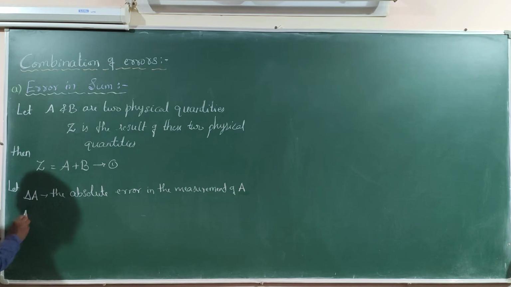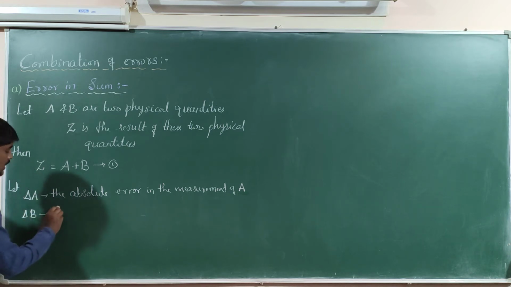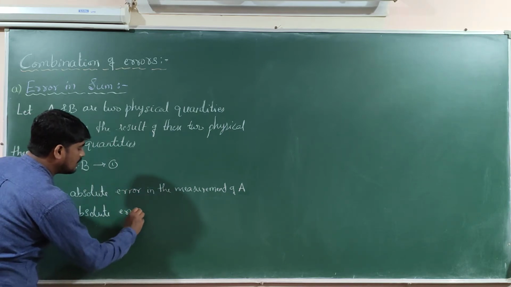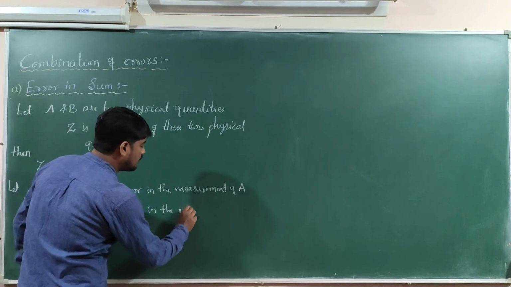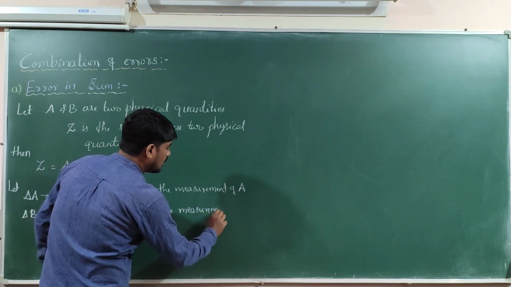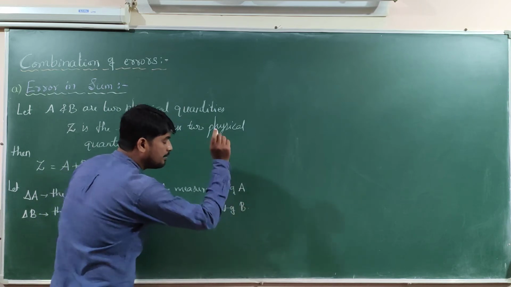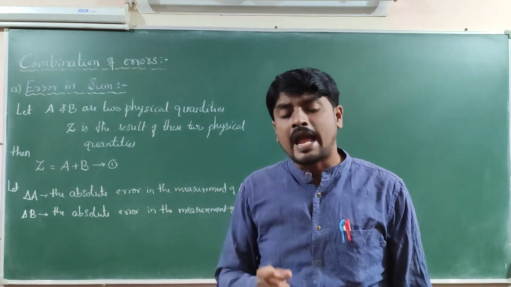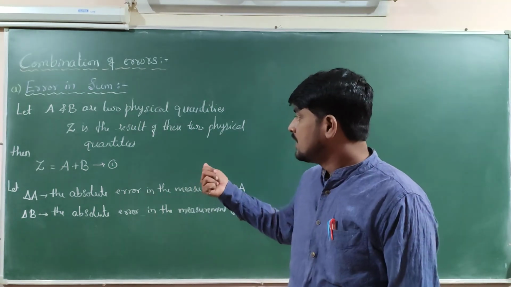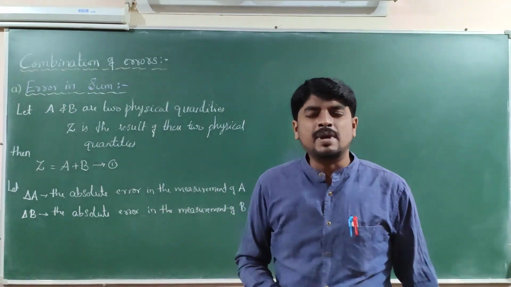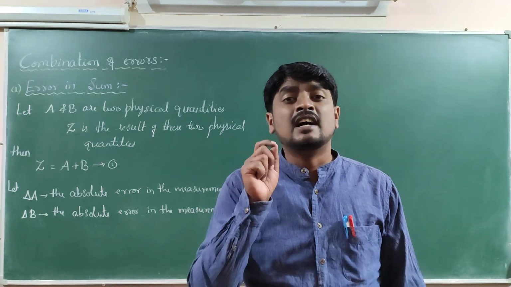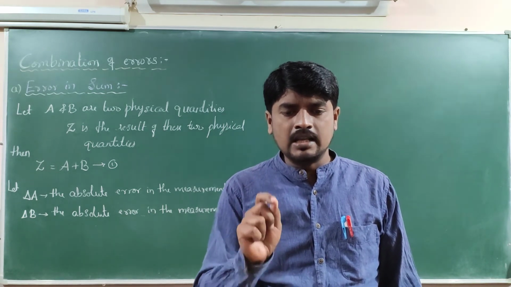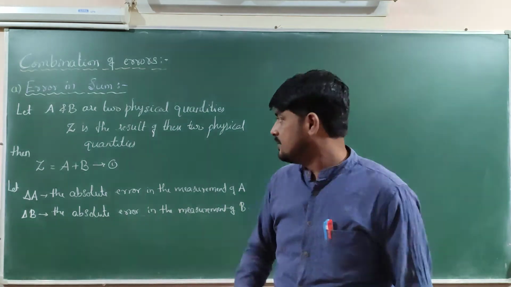Similarly, I will take delta B, again one more absolute error, the absolute error in the measurement of B. Here I measure two quantities, that is delta A and delta B. These are the two absolute errors while measuring the values of A and B. Next, I have to write delta Z. Let delta Z be the absolute error in the final result of Z. Because what is Z here?